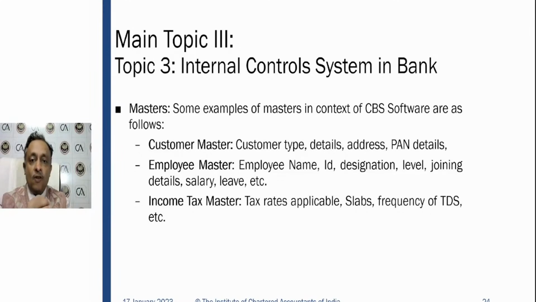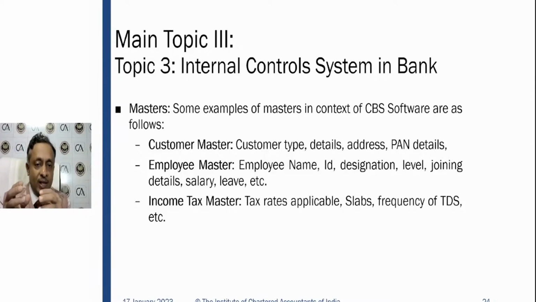Some examples in the context of core banking software are customer master: customer type, detail, address, PAN detail. Understand these four fields are again illustrative. There could be more to that.